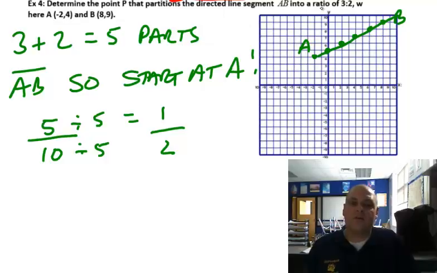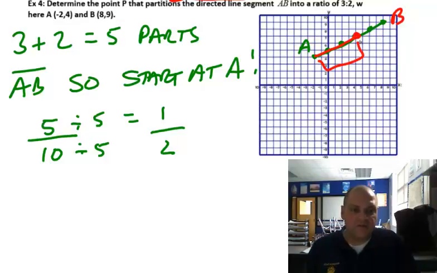But where's point P? I need a ratio of 3 to 2 starting at A. So 1, 2, 3. I need 3, and then there's going to be 2 there. So there's my point P right there.